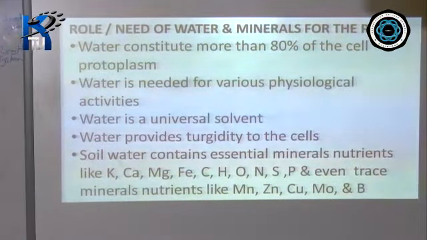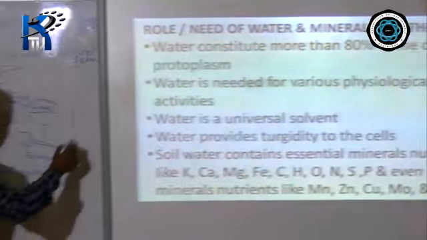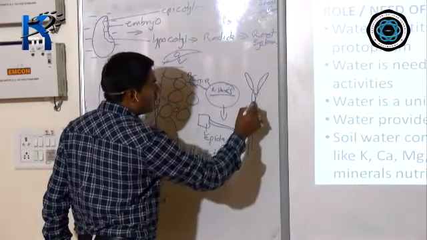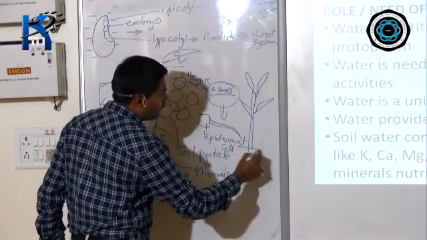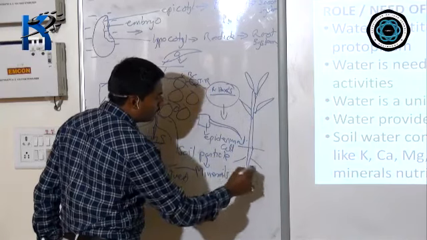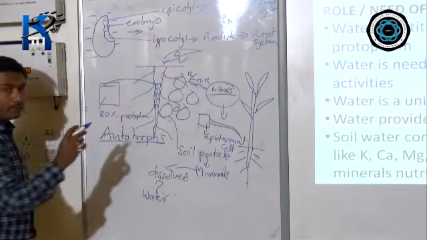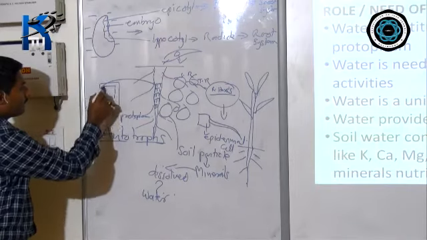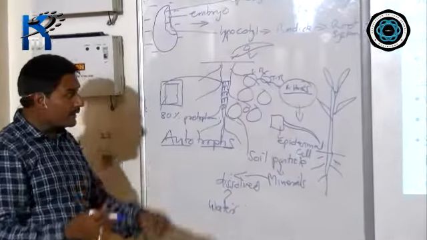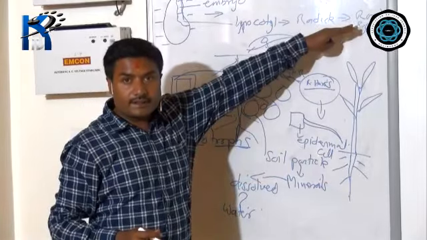Whenever you see a plant in the living condition, you will find that it is erect. Each of these cells is firm in nature, and the plant is erect in nature.